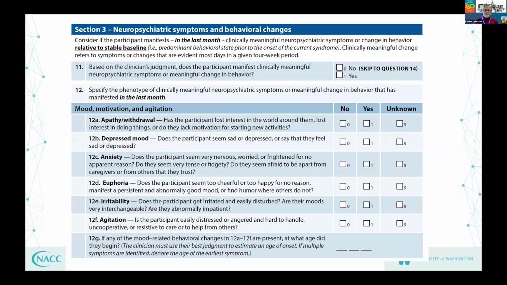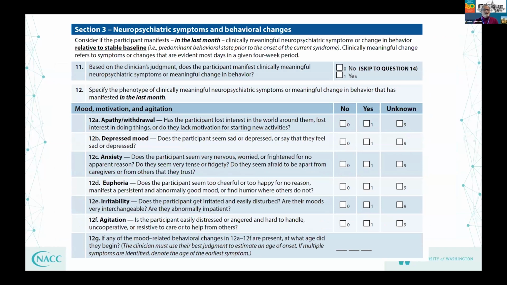Moving to neuropsychiatric symptoms and behavioral changes, many of the changes in B9 are in this space. Our focus here is the last month. We're looking for clinically meaningful neuropsychiatric symptoms or change in behavior relative to a stable baseline.